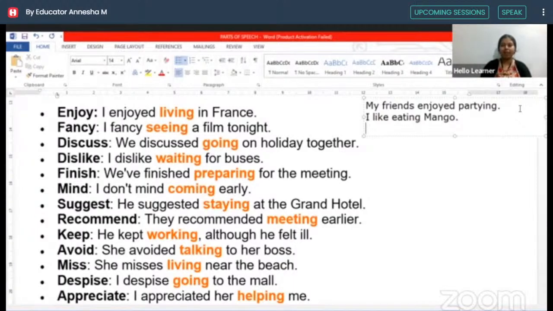I like eating mango and I like to eat mango. अलग-अलग है मतलब या same है? Same meaning, ma'am. Right, exactly. Absolutely correct. Like, love, hate, and prefer, whether you use infinitive or gerund, will always have the same meaning. Very good, Abhay. Thank you so much.